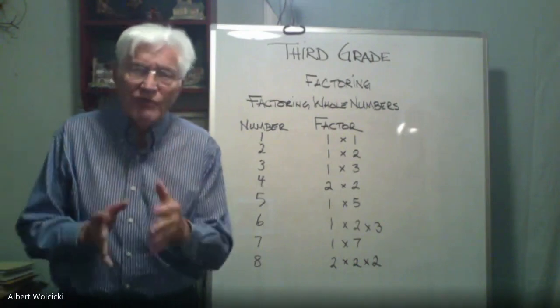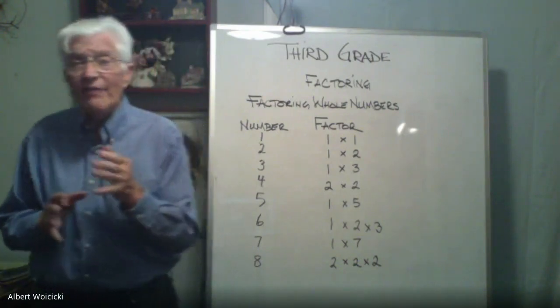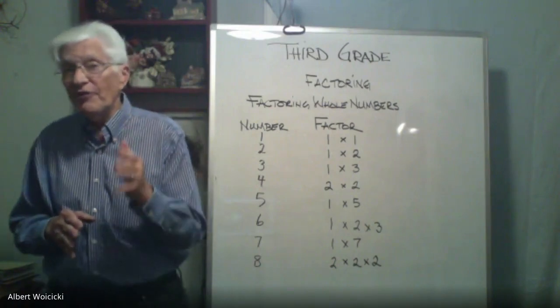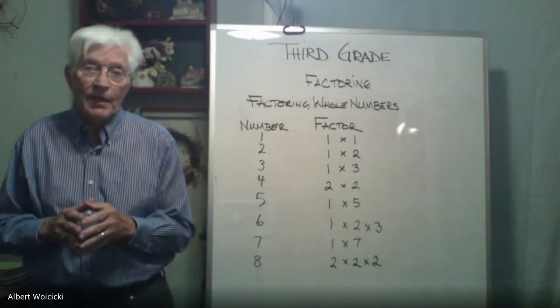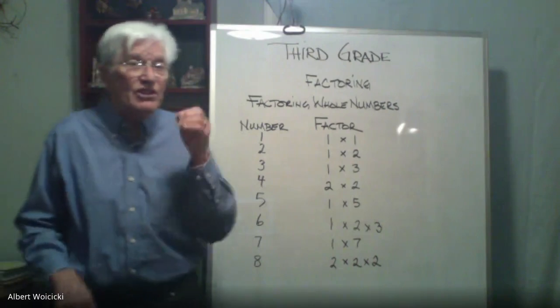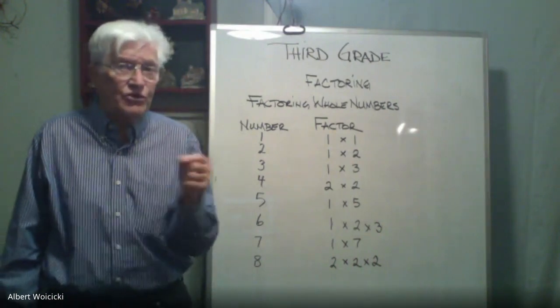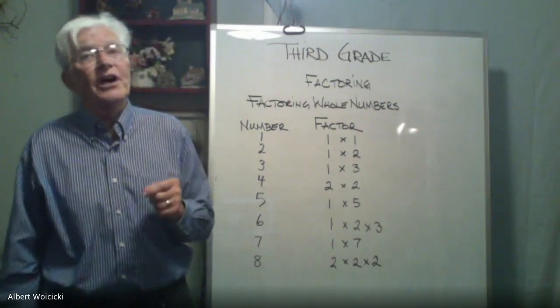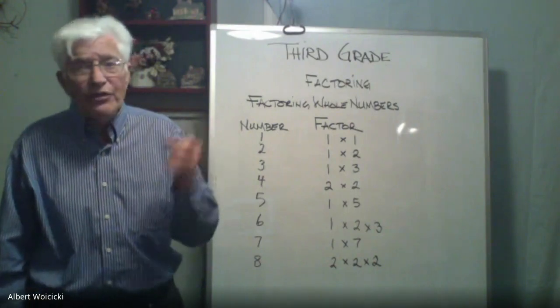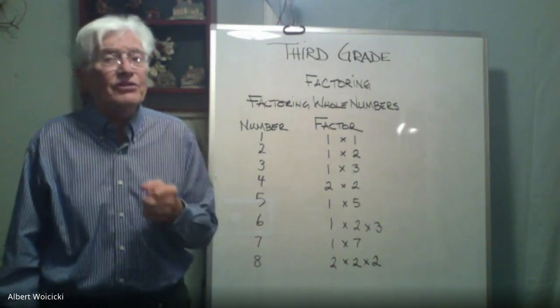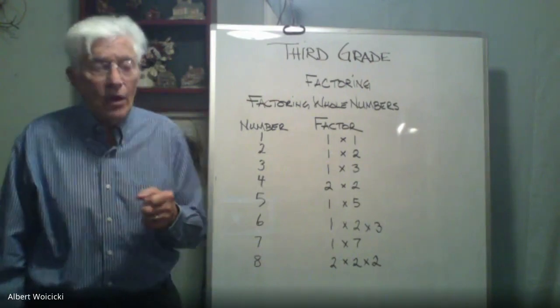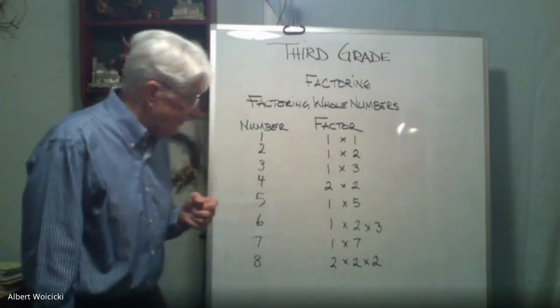And this is what they should do. And I think they should have this for their first 50 whole numbers. I believe that every student that comes through your third grade needs to have this done. And without this, they're not really understanding the idea of factoring. Okay, so let's take a look at what I'm talking about.